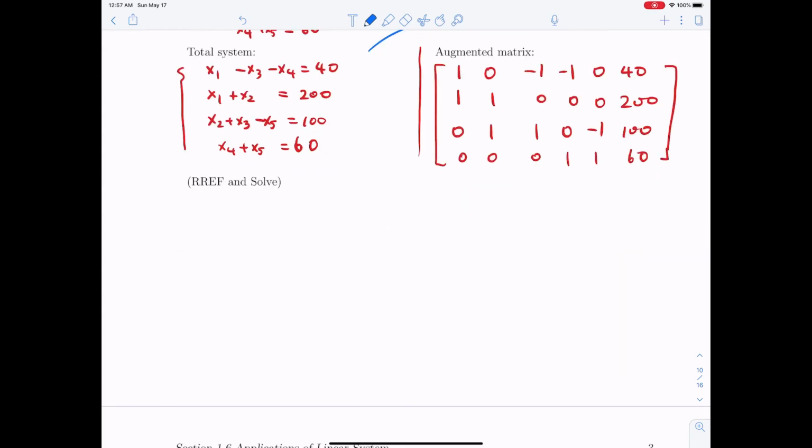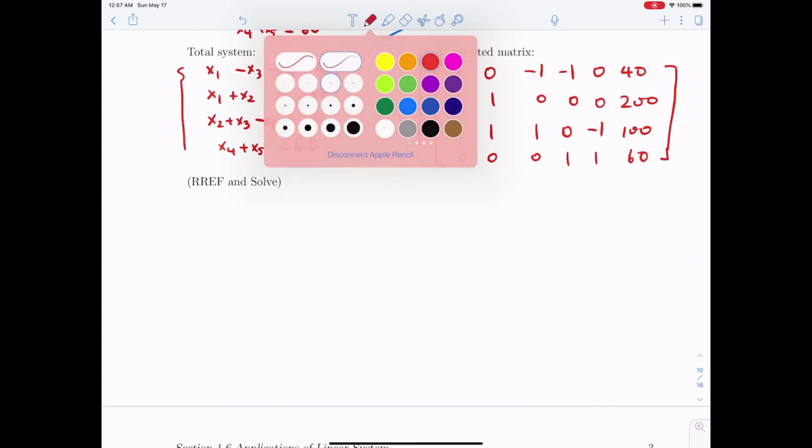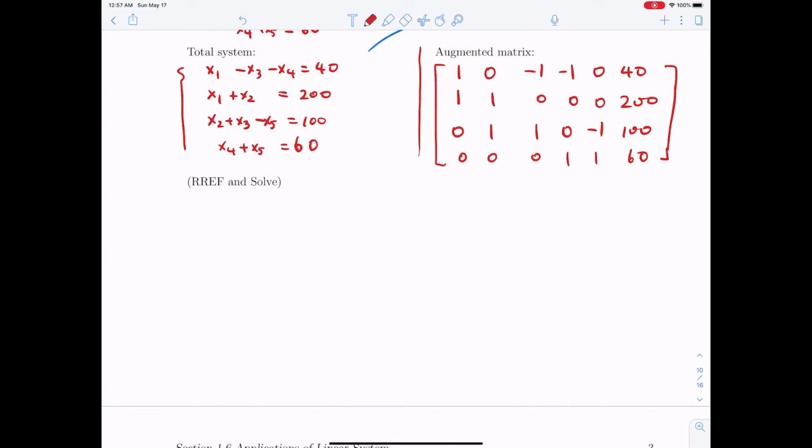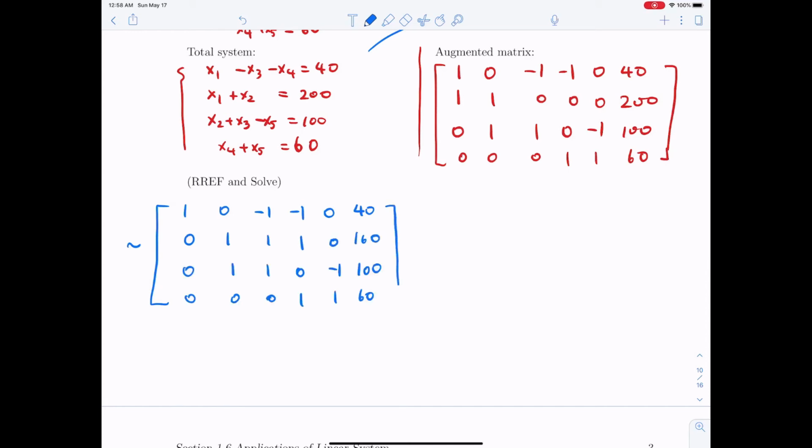To solve the system of equations, we need to find the row echelon form of the given augmented matrix. The first step is to subtract R1 from R2. That gives you 0, 1, 1, 1, 0, 160 for the second row, and the rest are the same.